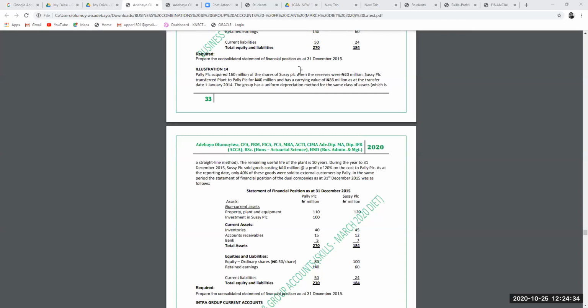Sir, can I say something? Yes, say something, madam. What I understand now is that since it's the subsidiary that is selling to the parent company, the reserve of this subsidiary will have to be adjusted for the unrealized profit. After calculating it, you have to remove it from the reserve of the subsidiary company.